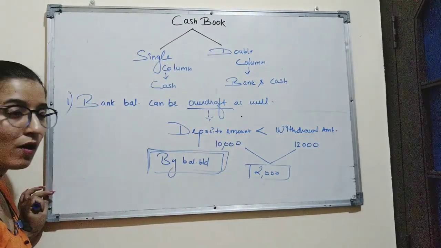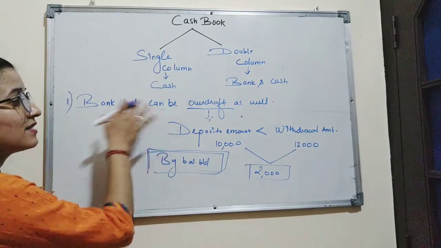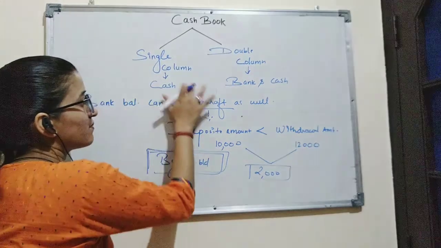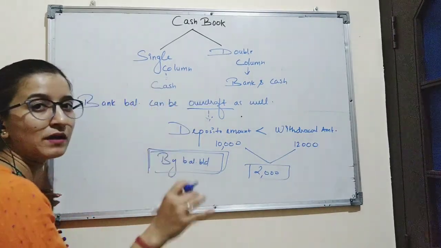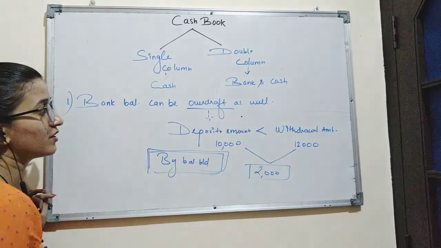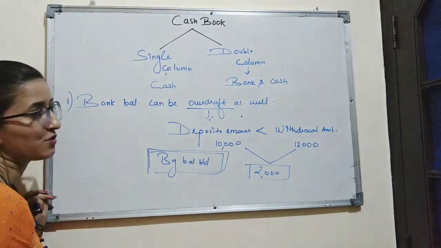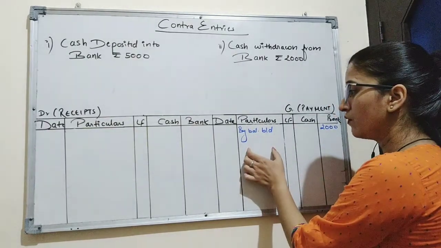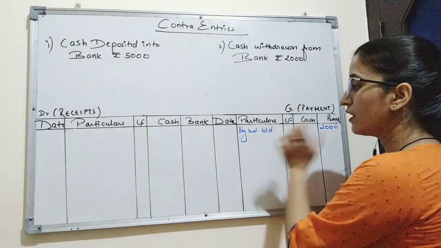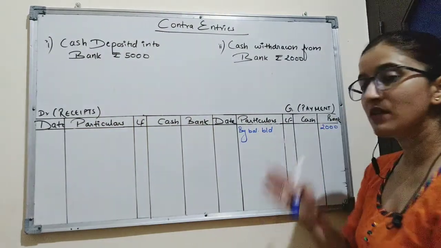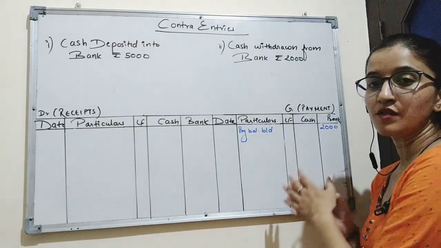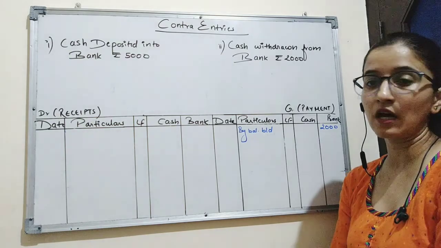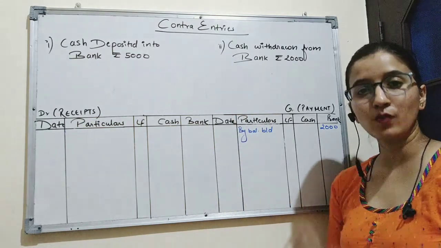Now, one more important thing: cash balance can never be overdraft. Cash balance will be an opening balance in every condition. There will be no overdraft in cash balance. Now, here is how we will record it when the opening balance of bank is given as overdraft. In the previous example, the deposit amount was 10,000 rupees and the withdrawal amount was 12,000.